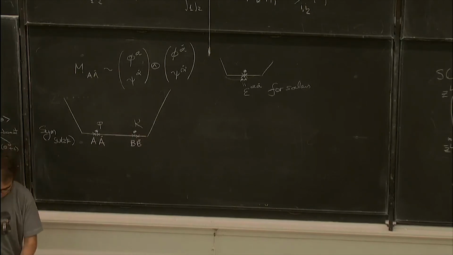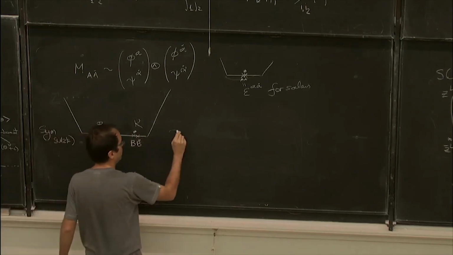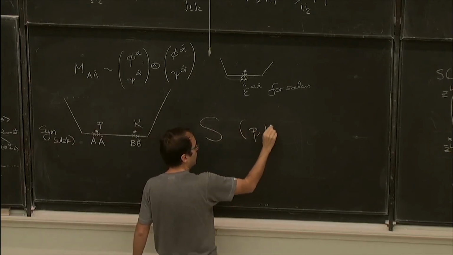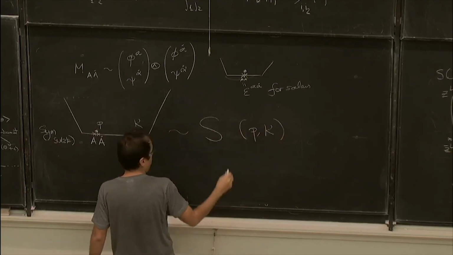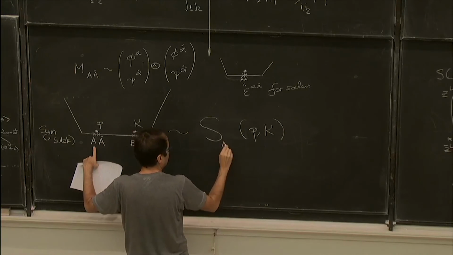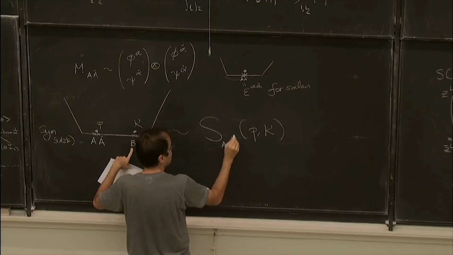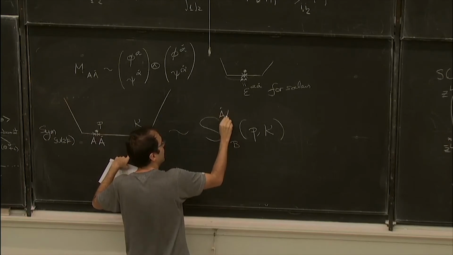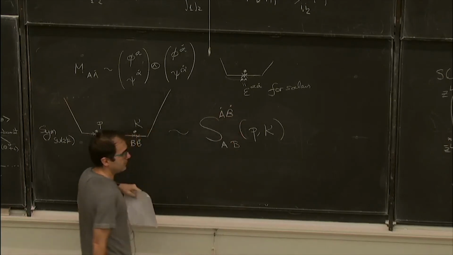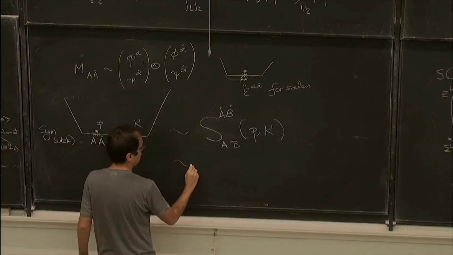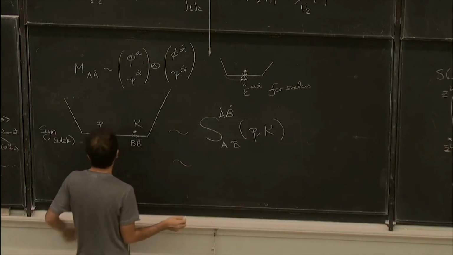Right? So this object should be proportional to the S matrix that depends on P and K, where the only way I can put the indices, A and B, scatter to give the indices A dot and B dot. Or in pictures, this should be proportional to doing the following.